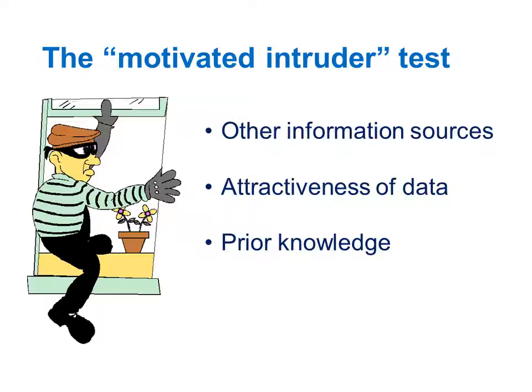So if there's information that may provide financial gain, may be embarrassing to others, might be useful for political purposes, or maybe has curiosity value, if there's a local celebrity perhaps that's been admitted to hospital, certainly that's going to be of interest to the local press and things like that. So it's about, if you were that motivated intruder, how likely is it that you'd be able to identify that individual from that information?